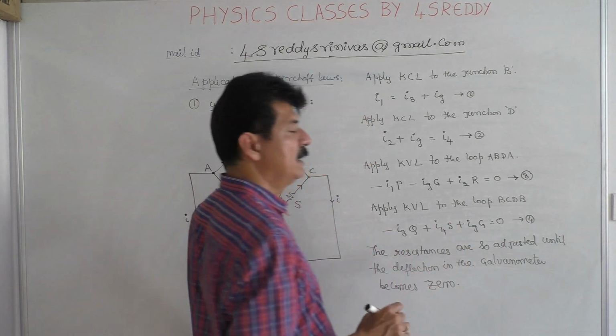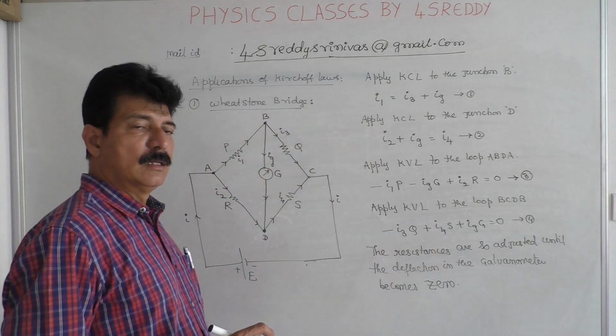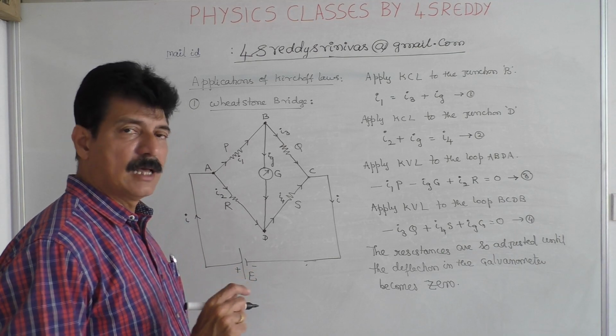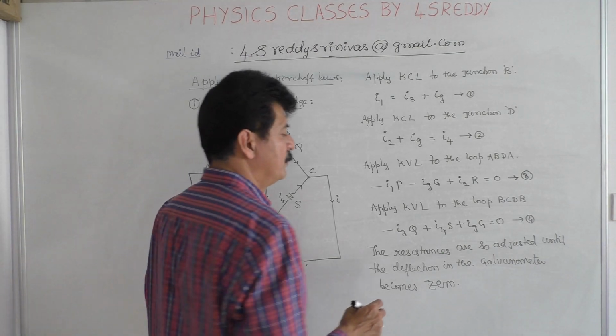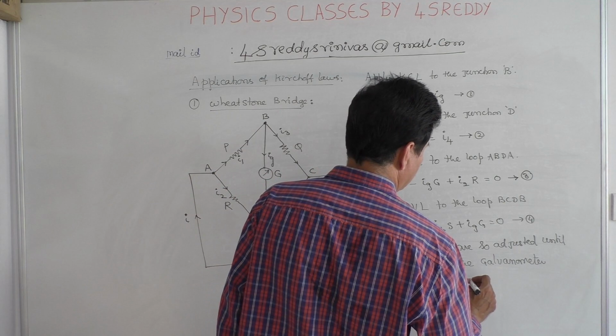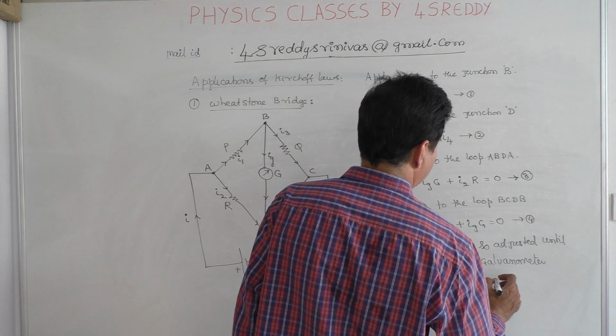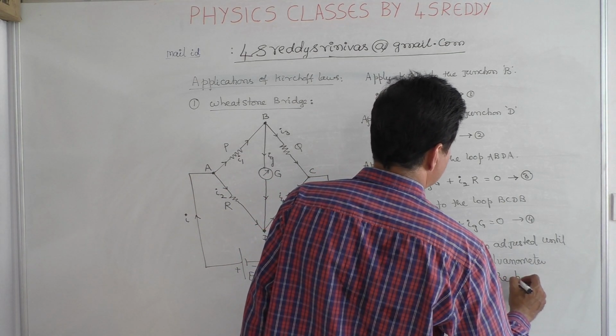The resistances are so adjusted until the deflection in the galvanometer becomes 0. Then the bridge is said to be balanced.